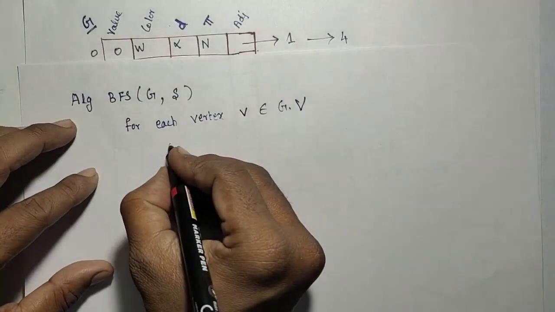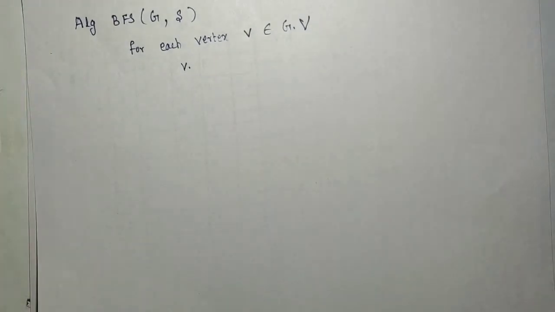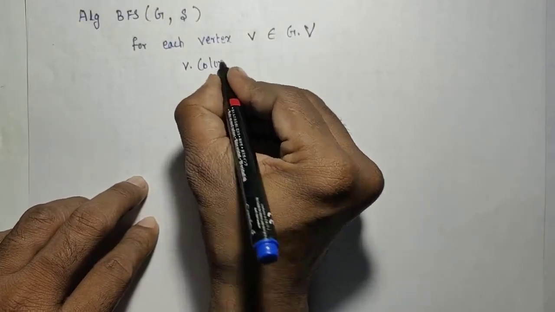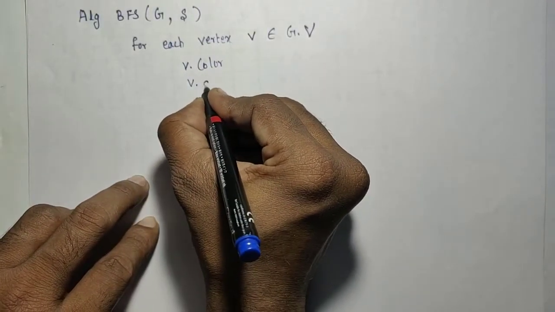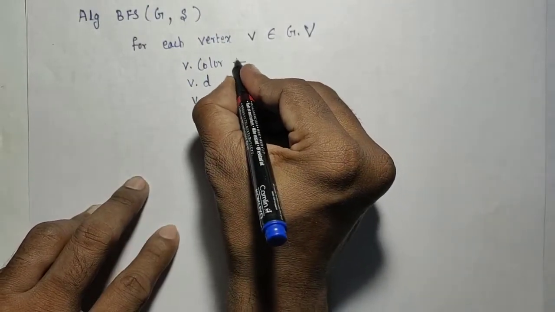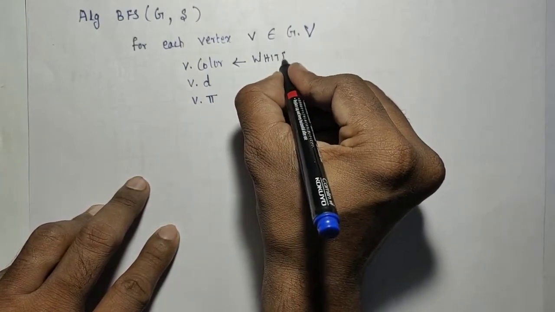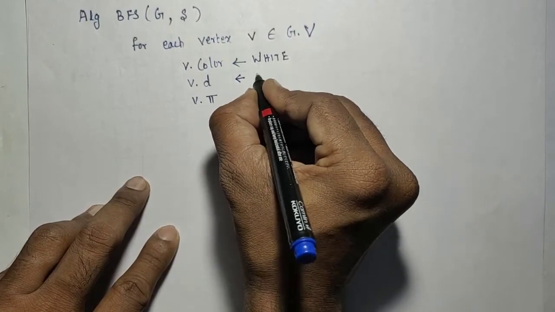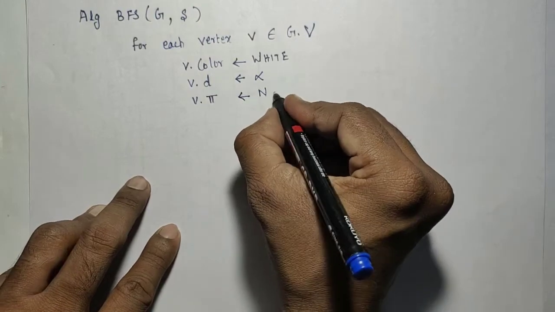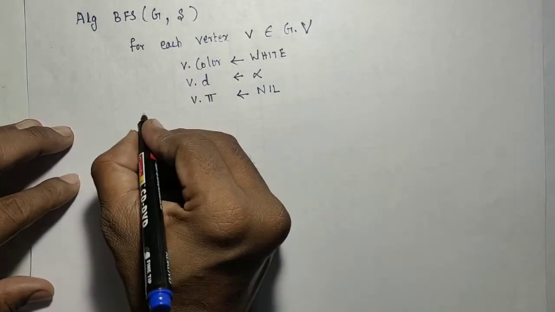So v dot color, v dot distance, v dot parent. The color is filled with white, the distance is filled with infinity, and the parent is filled with null. Then end of all.